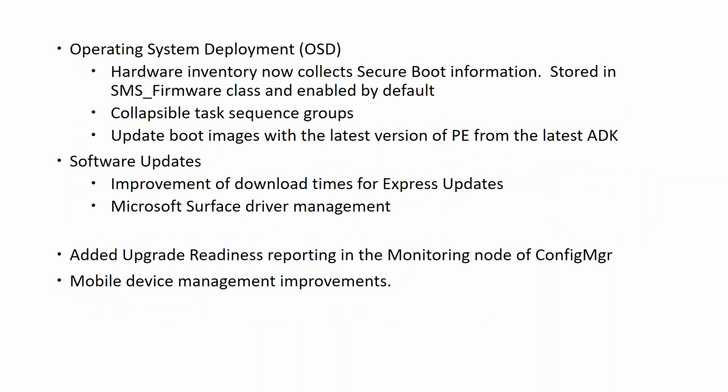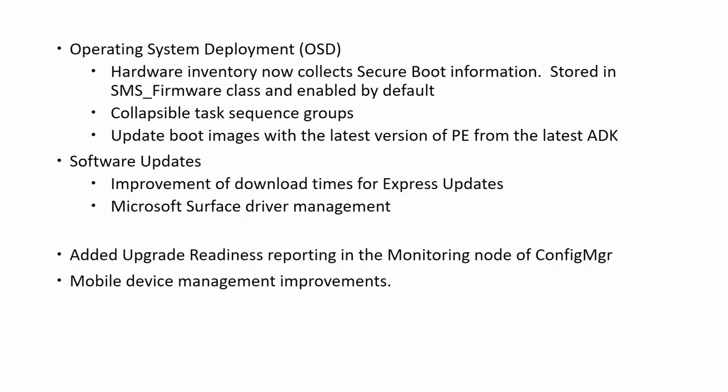And changes in the operating system deployment, OSD, right? With Windows 10, secure boot is more and more important, especially with UEFI, and you cannot really take advantage of a lot of the security features in Windows 10 Enterprise without secure boot enabled.